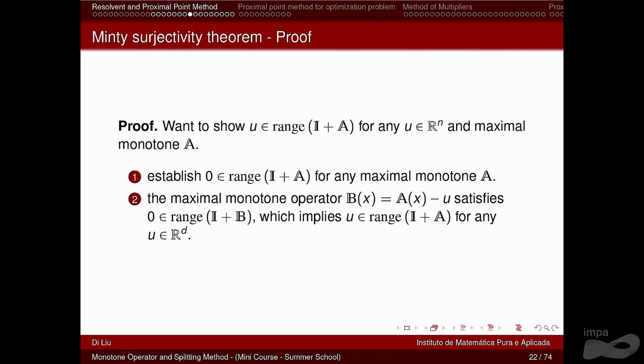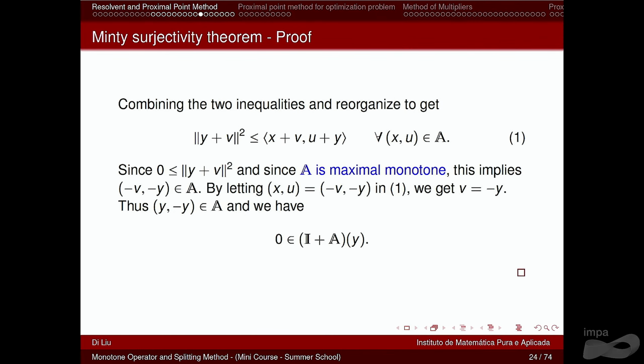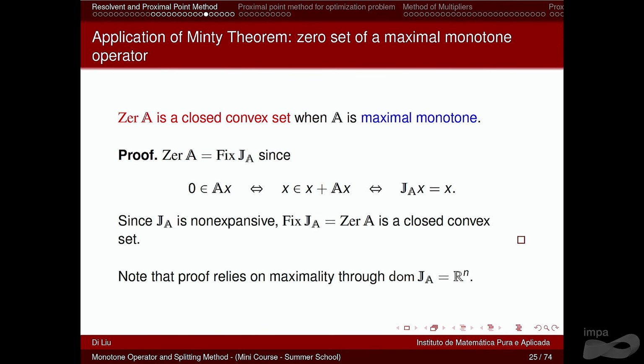We go to an immediate application of Minty's surjectivity theorem. We want to prove the zero set of A is closed and convex when A is maximal monotone. Okay, first, we can prove that the zero point set of A is the fixed point set of the resolvent.